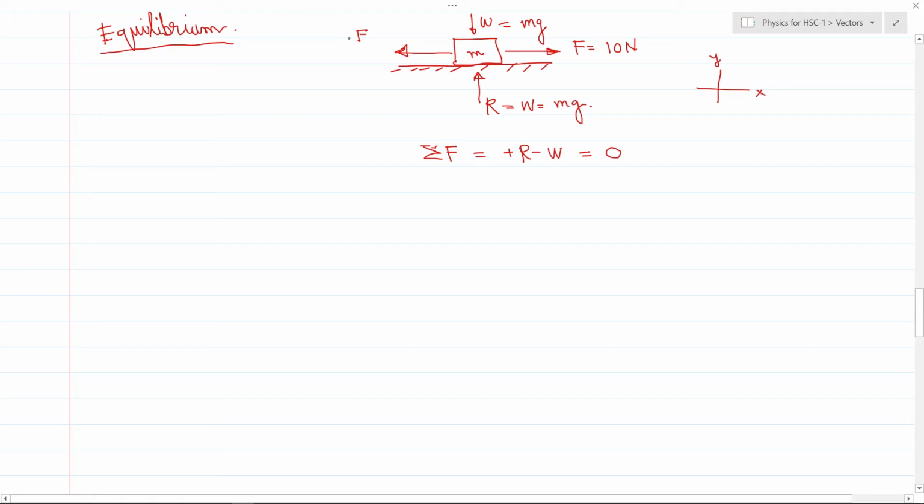That means we have to apply a negative 10 Newton force. Under these conditions, this body will be in static position. So again, if we sum the forces in x direction, positive F and negative F, it will be 0.